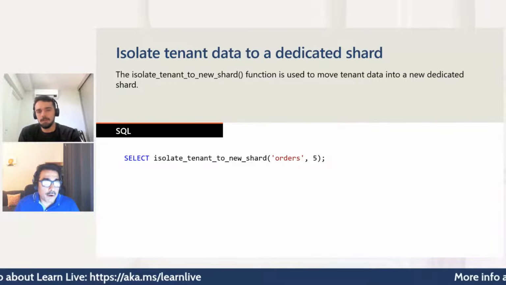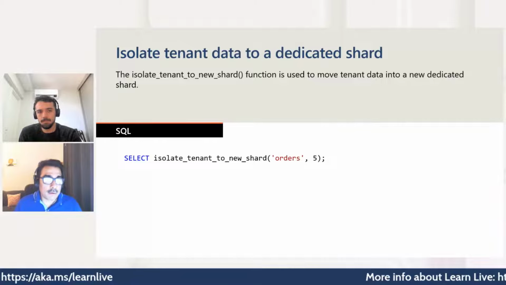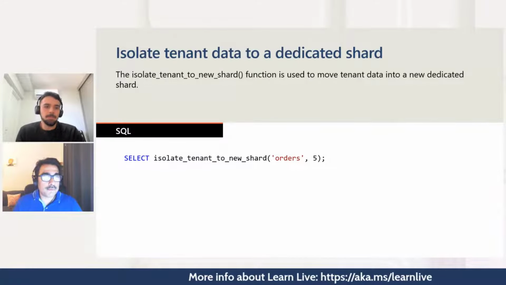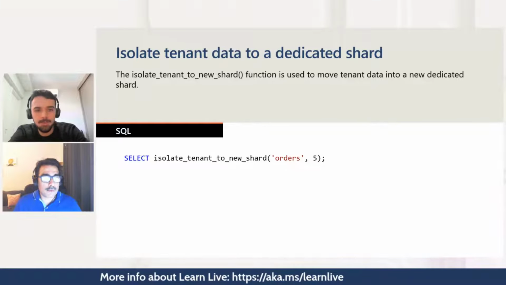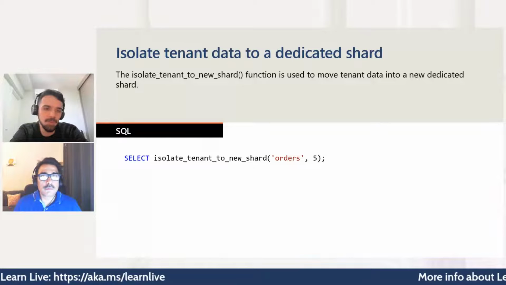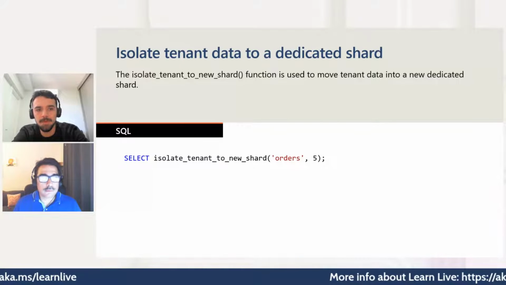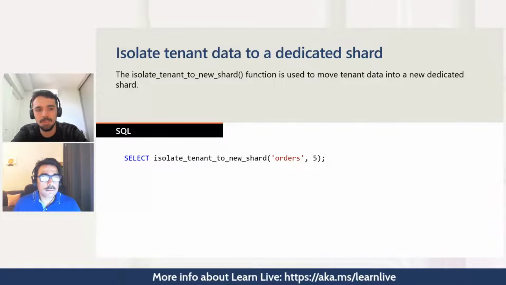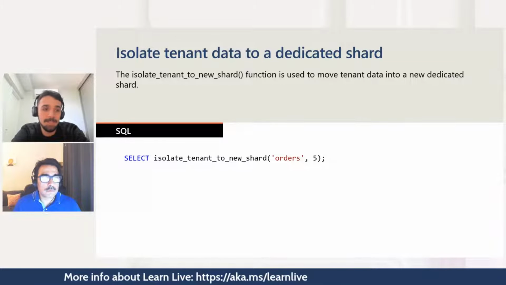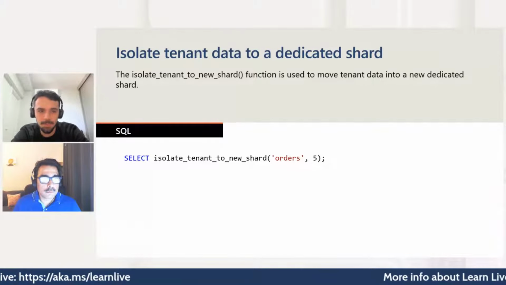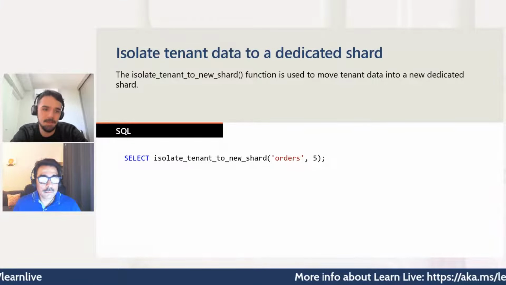The function over here, you want to go over that, like explain that function, Lucas, isolate tenant to new shard? Yeah, sure. So isolate tenant to new shard is the UDF, the Postgres function that Citus offers for you to isolate a certain distribution key into a new shard. Like I said previously, shards in Citus are just regular Postgres tables that exist across the cluster.